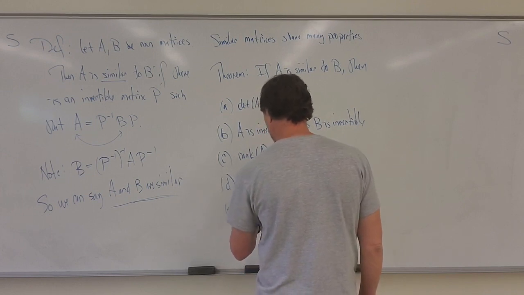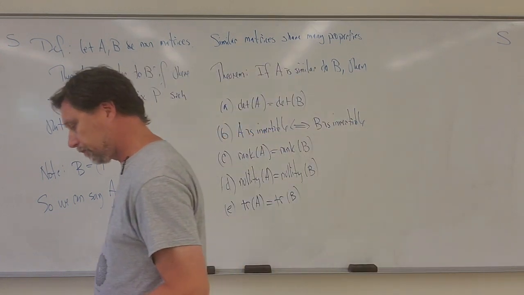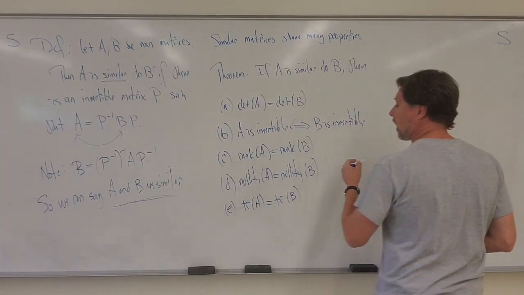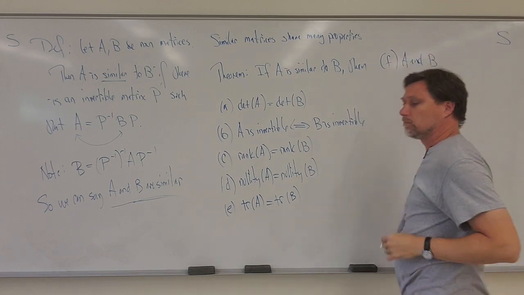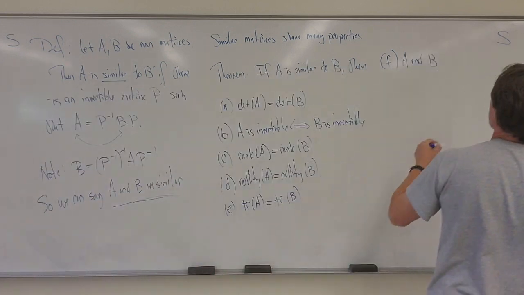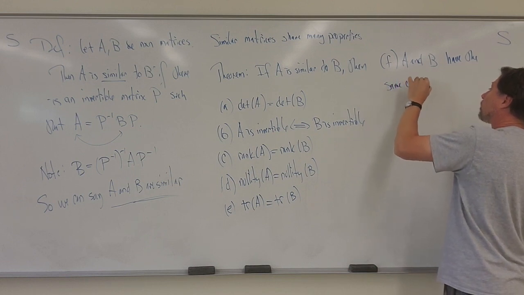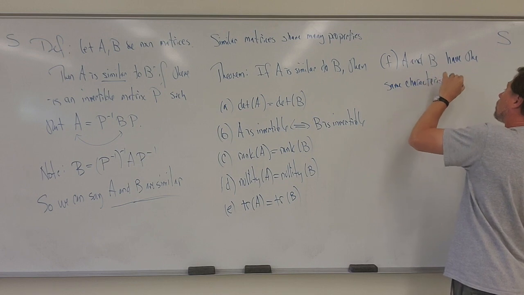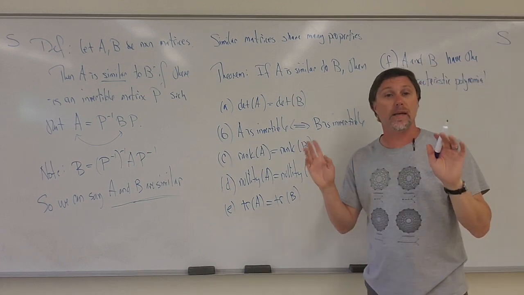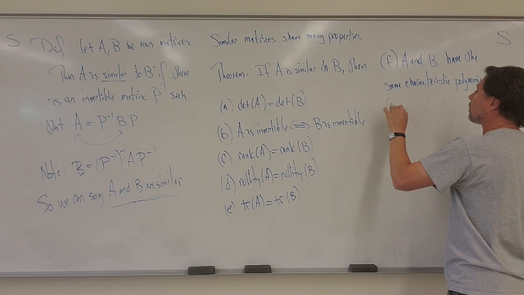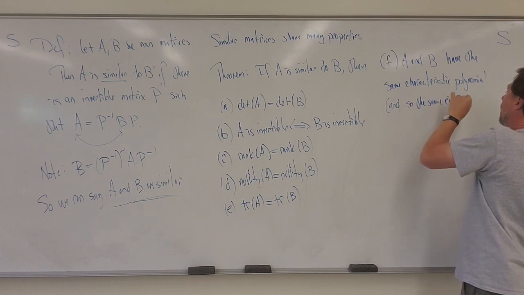So the trace of A, remember that's the sum of the diagonal entries, equals the trace of B. Part F: A and B have the same characteristic polynomial, which means that they have the same eigenvalues.